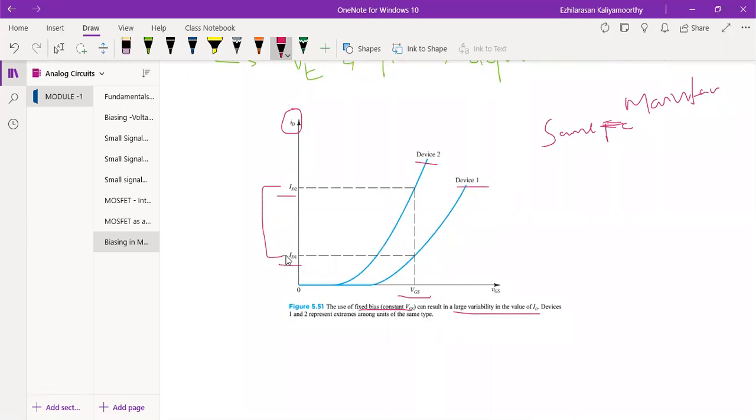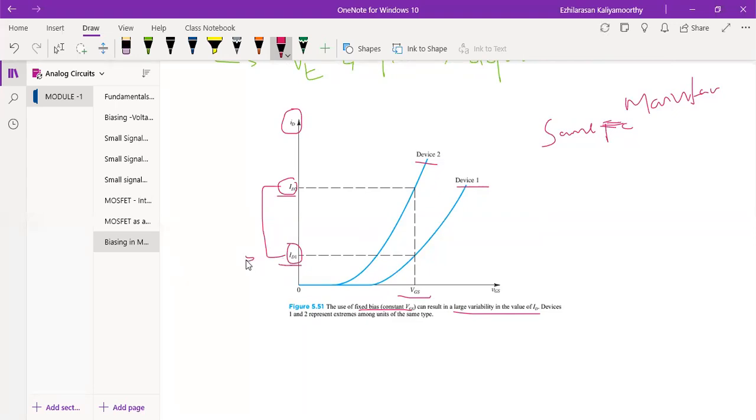There is only a very small change between the two devices, but the difference between ID2 and ID1 is very big. Normally ID will be in terms of milliampere or nanoampere.